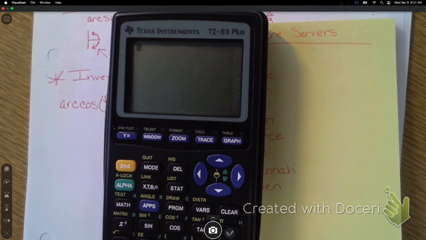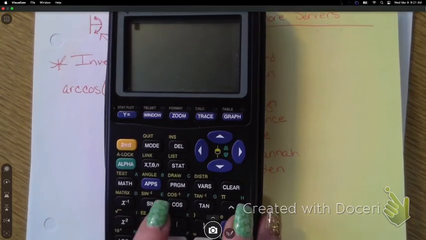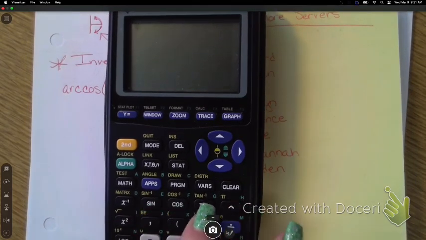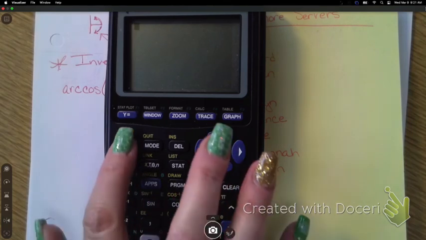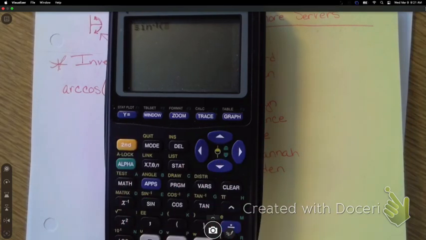So what if I want to do this in my calculator? Probably use the inverse buttons, right? Second, then the sine, cosine buttons. So the inverse sine of 1/2. And you'll have to pay attention to whether they want you in radians or degrees.